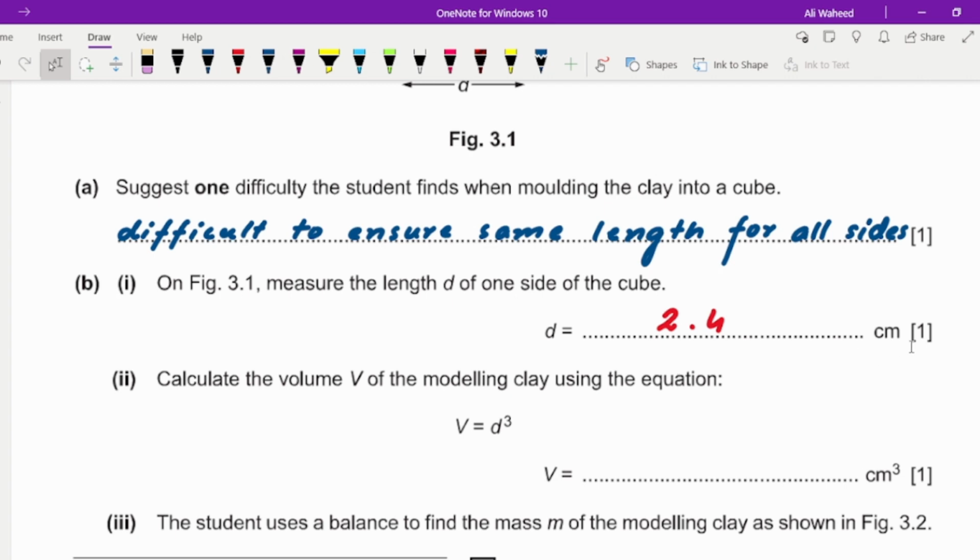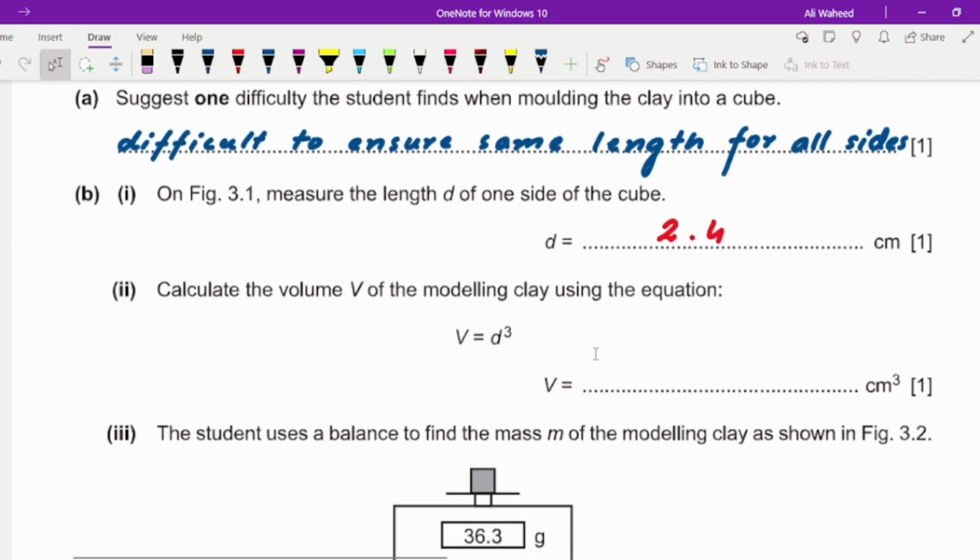We had to measure in centimeters. Calculate the volume of the modeling clay using the equation. The volume of the cube is length times length times length, or the cube of the length. The length in this case is represented by d, so that would be the cube of 2.4.